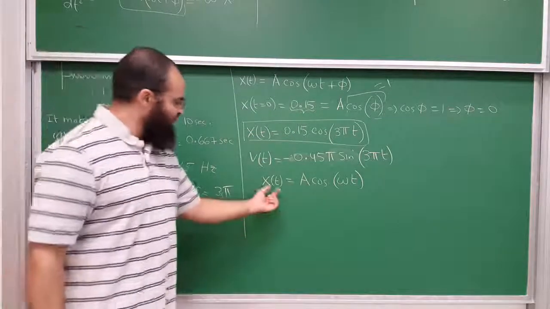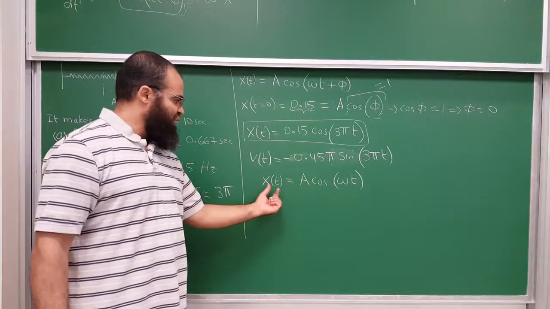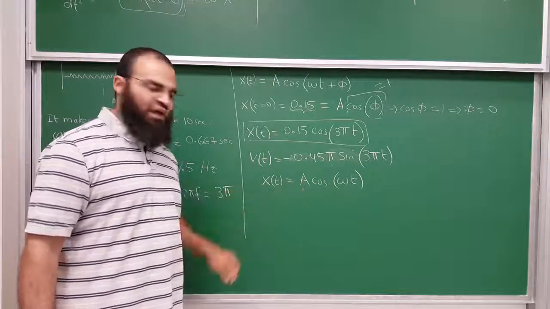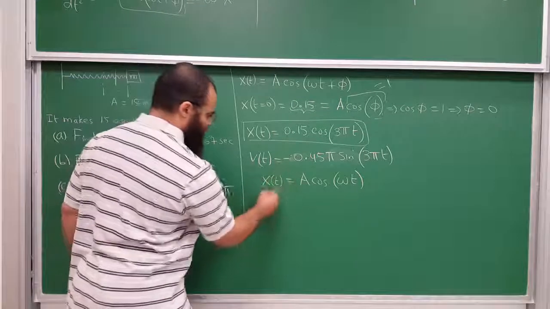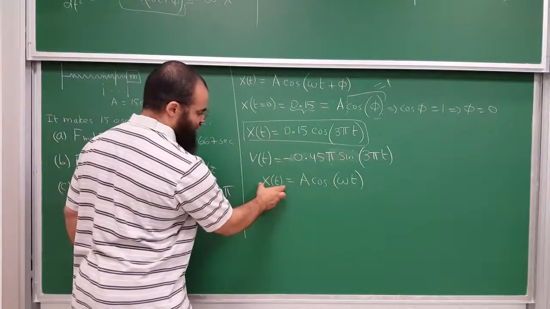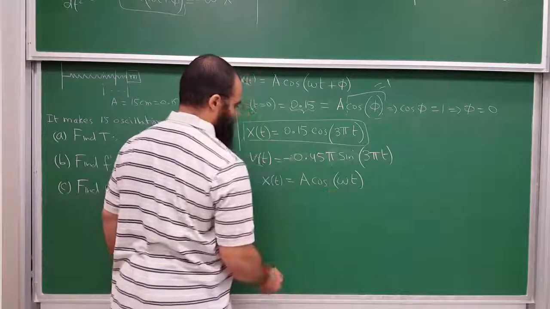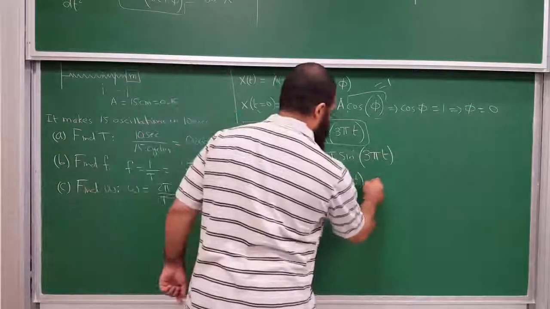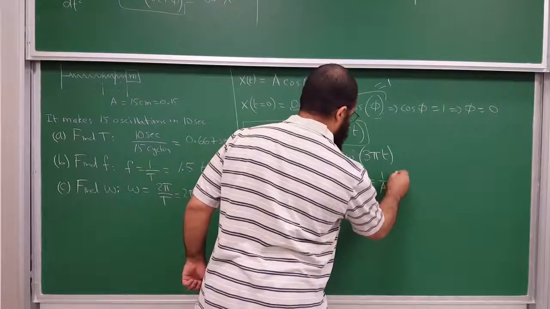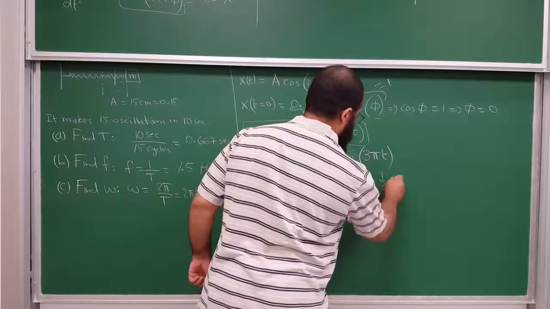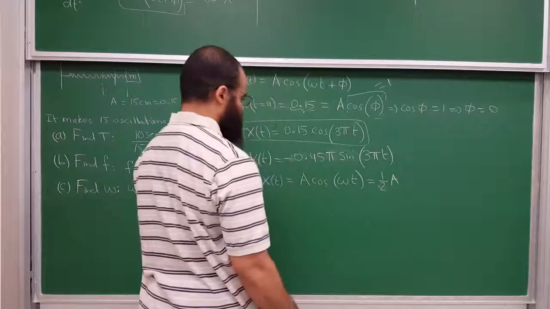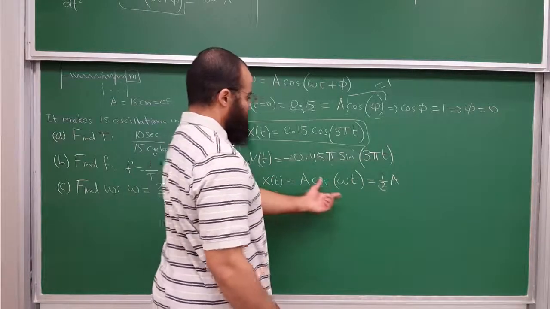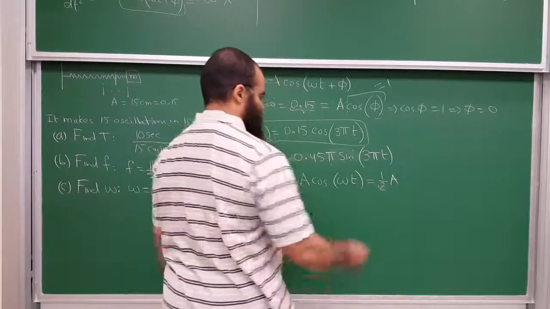So when I plug in a certain time, on the left side I want to get half of the amplitude. So I want x of t equal to 1/2 of A. So I have A cosine omega t equals 1/2 A. So cosine omega t equals 1/2.